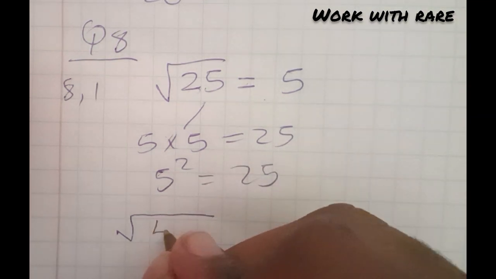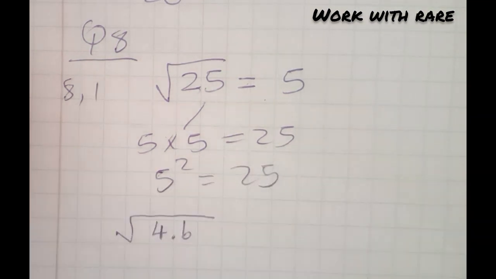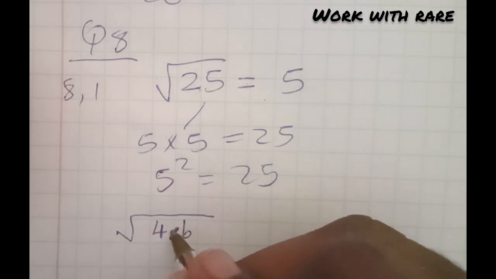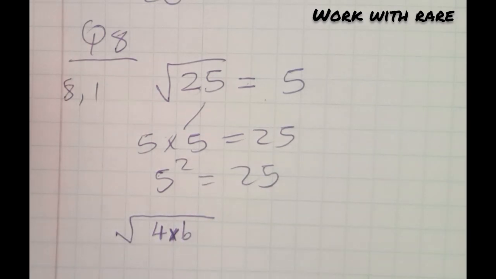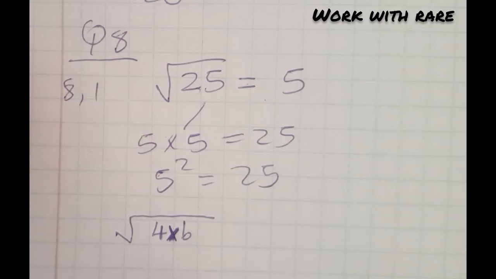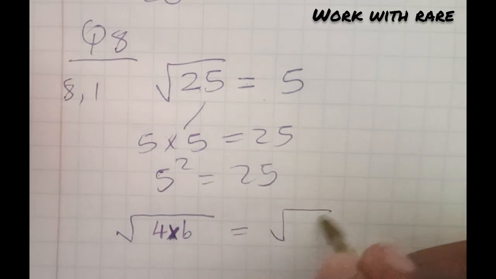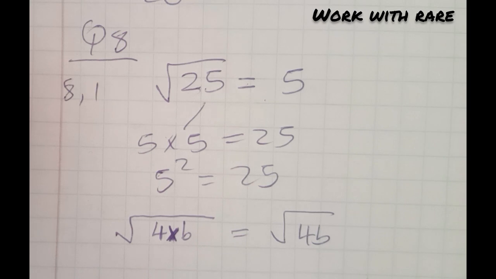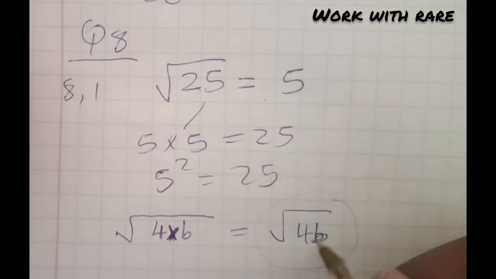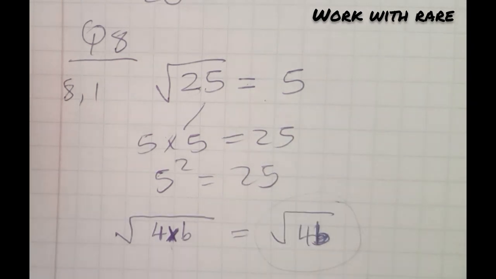It's 4 multiplied by b, which is 4b. So this is your answer: the square root of 4b, because you can't leave it like this, but product tells you that you should multiply.